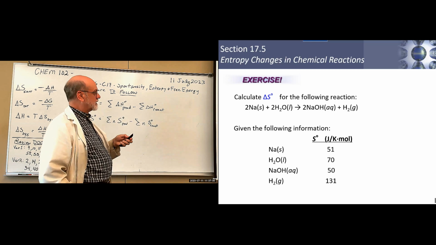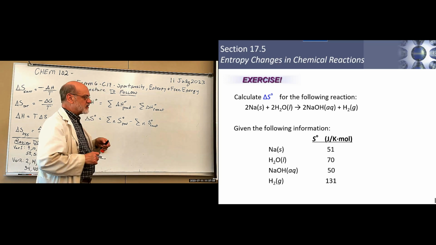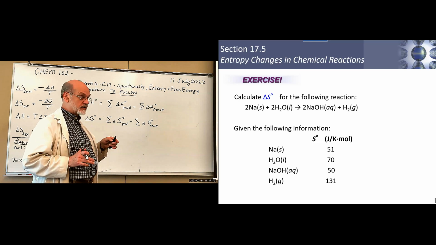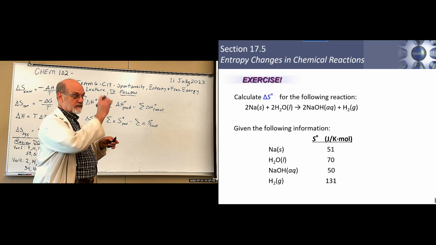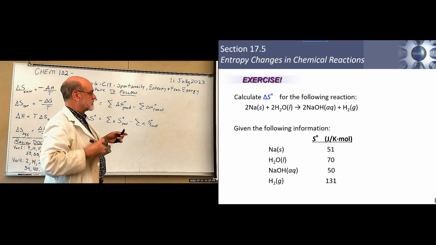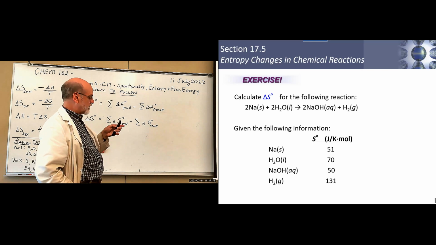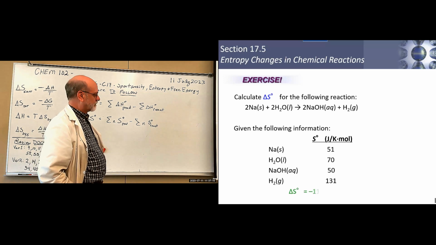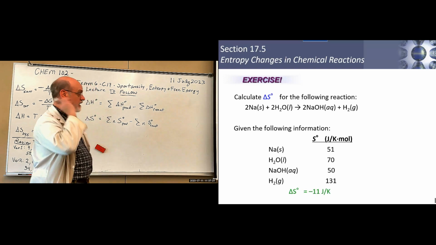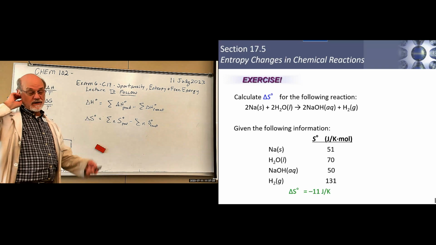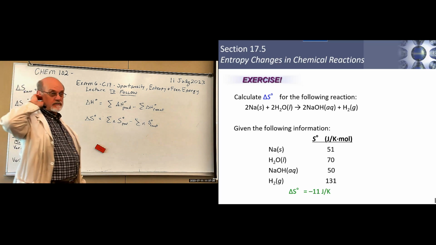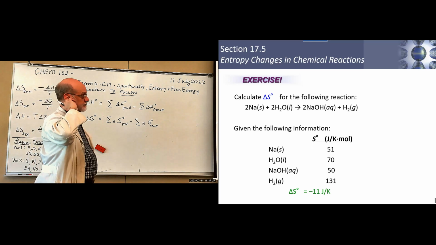And you get the change in entropy under standard conditions. That's what that little 0 is for. Under standard conditions, you get the change in entropy for that reaction. Okay. And you put all those together, and you get a change in entropy of only 11 joules per K.